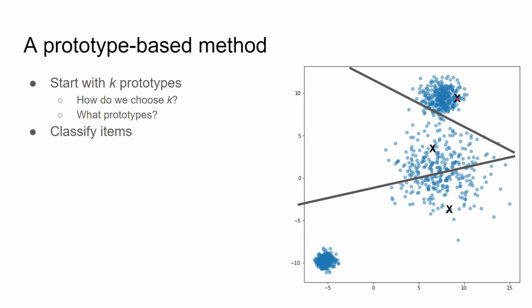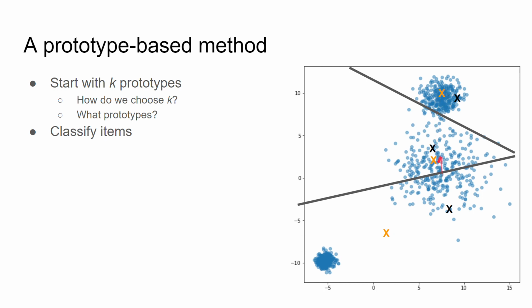To update it, we take all the data points that are closest to this prototype, or classified as this item, and just take the average. That'll take us to around here. Do the same thing to this, and do the same thing to this. Now that's going to give us new prototypes.